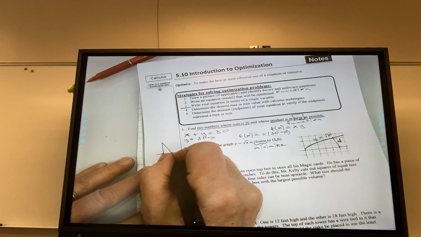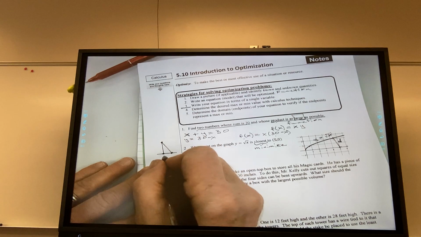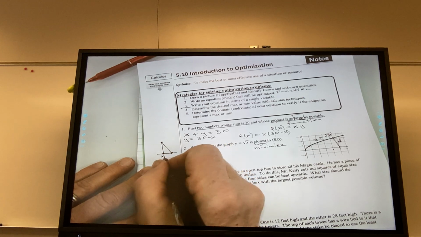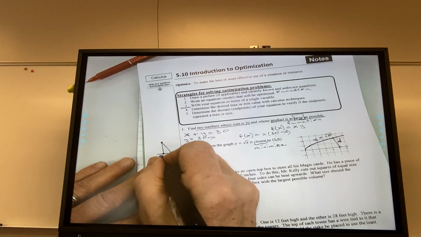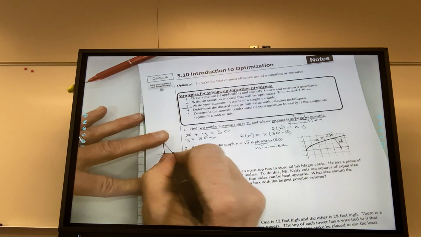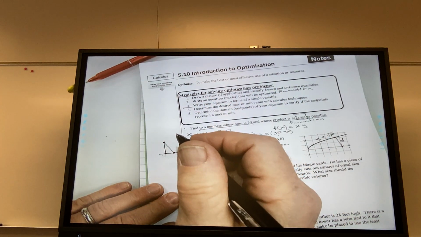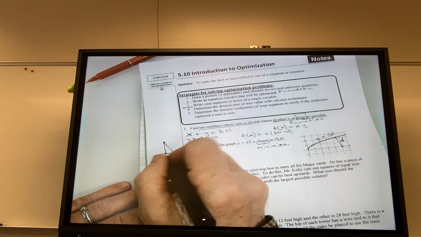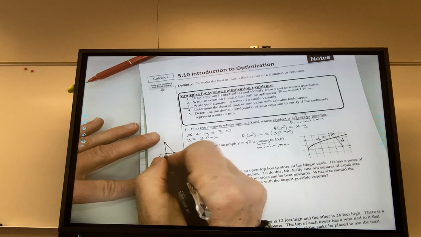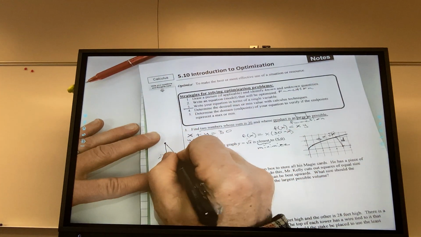And right here I have a point, right here I have a point, right here I have a point. I'm going to call this point x1, y1.